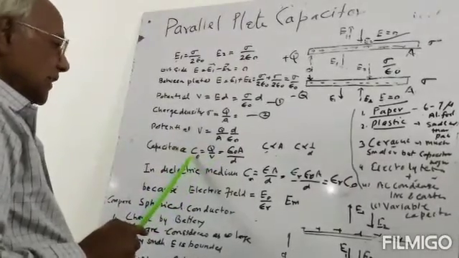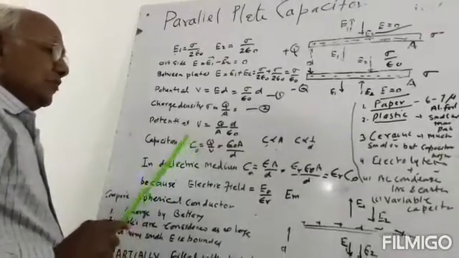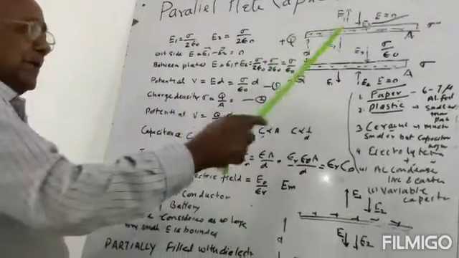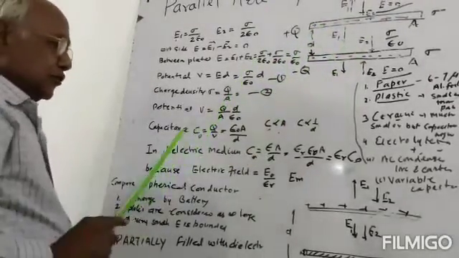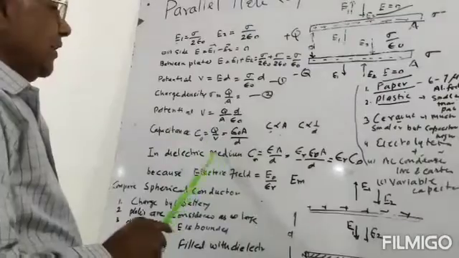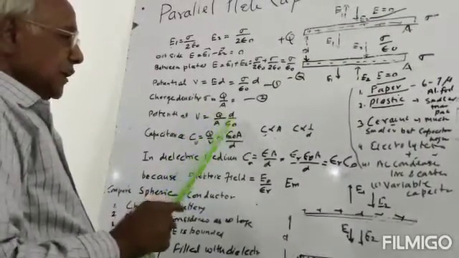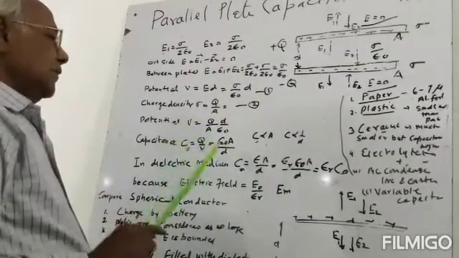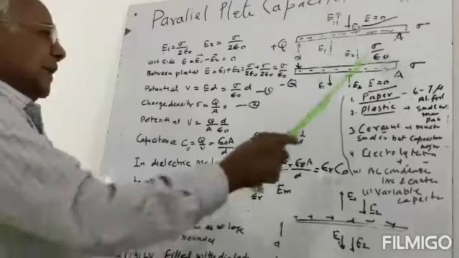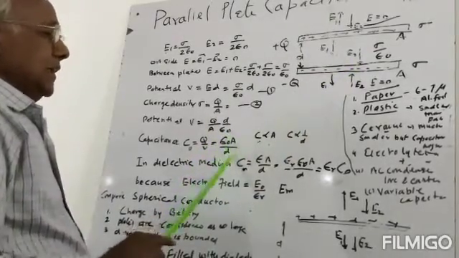So we write C0, because the medium between the plates is either air or vacuum. C0 is equal to Q by V, which is epsilon 0 A divided by d. So the capacitance of this parallel plate capacitor will be equal to epsilon 0 A by d.